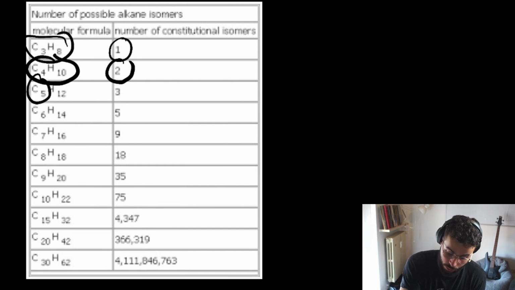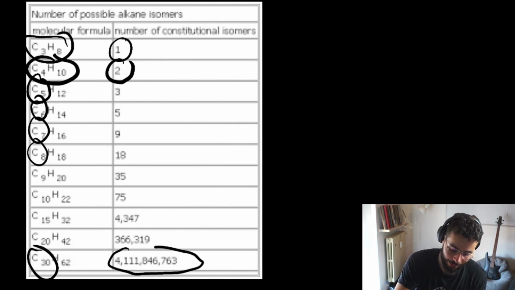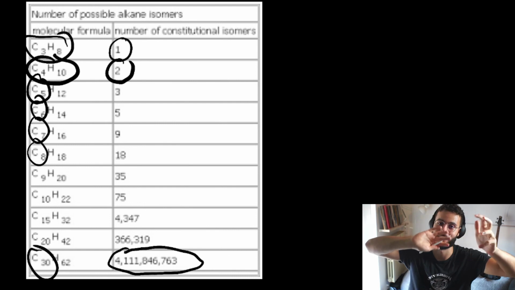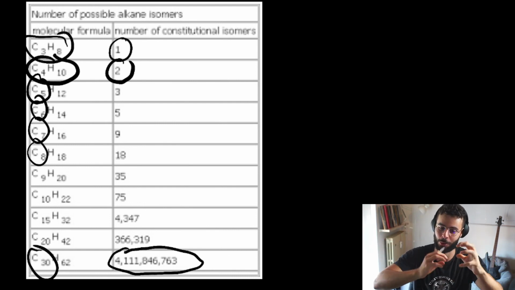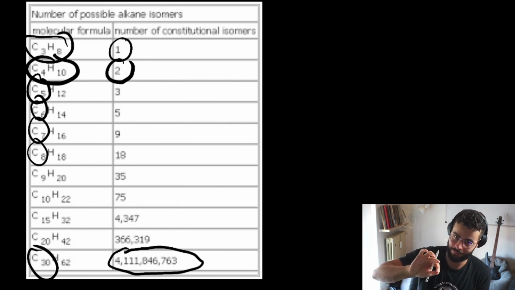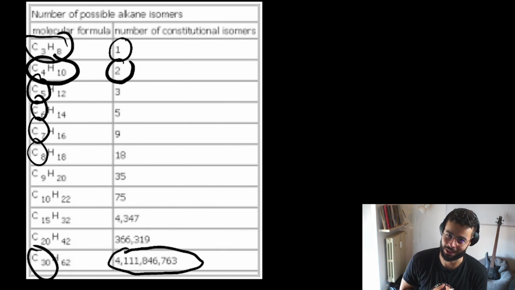And the more carbons you add, all the way to 30, you suddenly see we have so many isomers for the same formula, for the same hydrocarbon. The hydrocarbon is just oriented in space differently. The carbons are connected to each other in different ways, which gives us different isomers, but the same formula, C30H62 in our case. So it's something that is very important to remember.